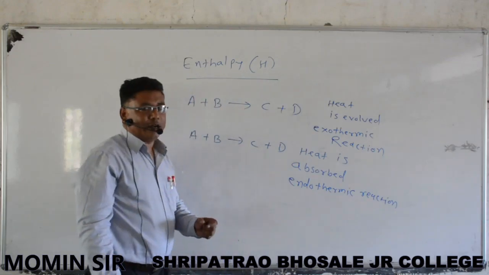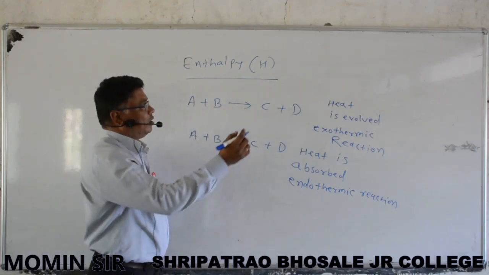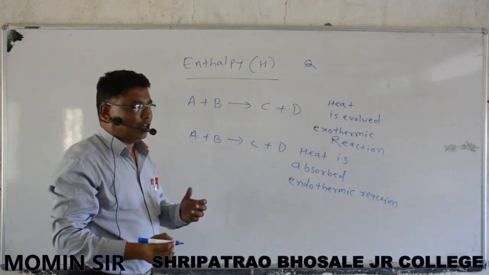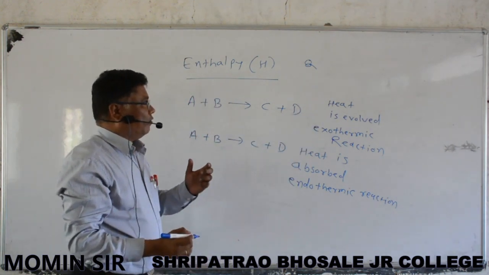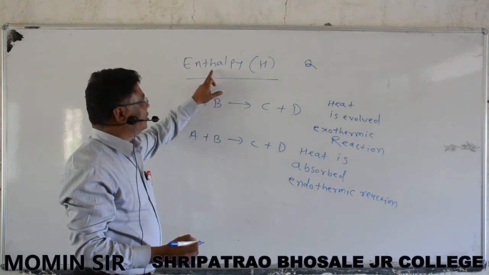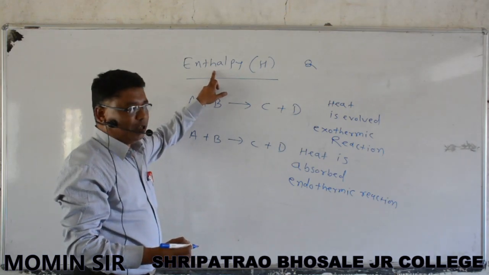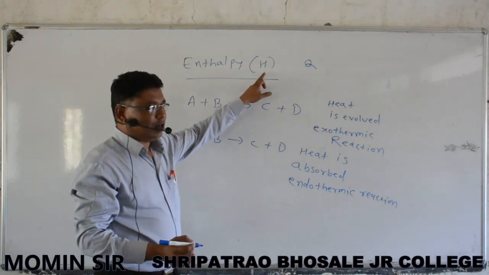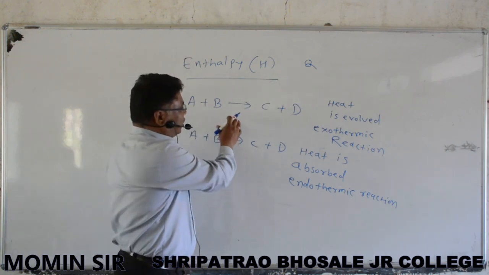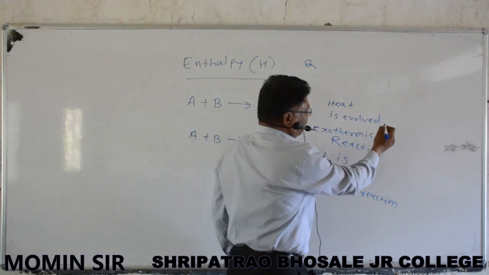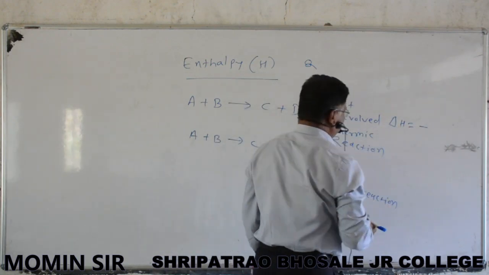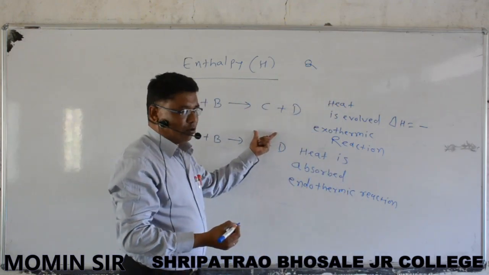So you know that heat is denoted by Q. But in thermodynamics, in chemical reaction, for heat, a special symbol is used that is called enthalpy, and it is denoted by letter capital H. So, for this reaction, change in enthalpy delta H is negative because heat is evolved.